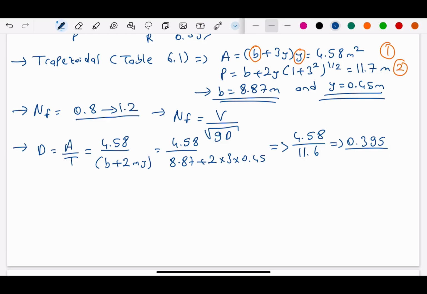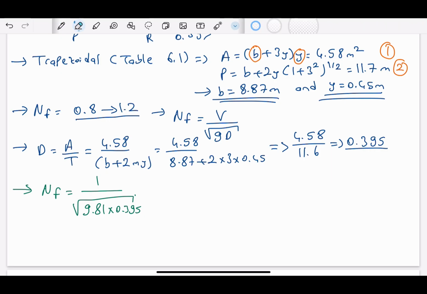So for the Froude number, right now we have 1 as velocity. We have 9.81 times 0.395. And this is giving 0.508.